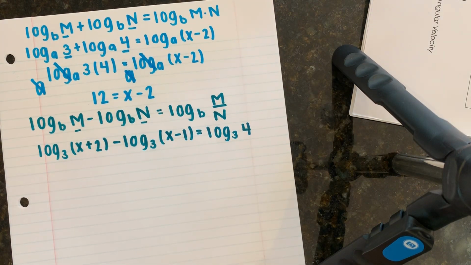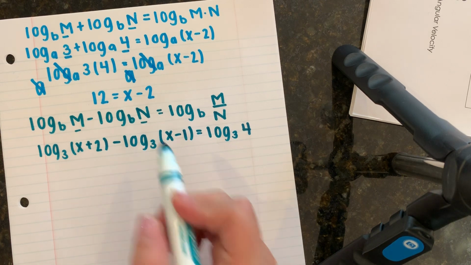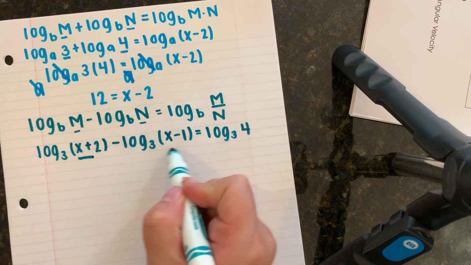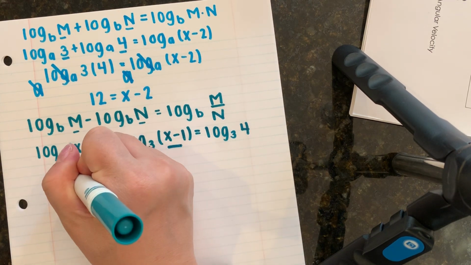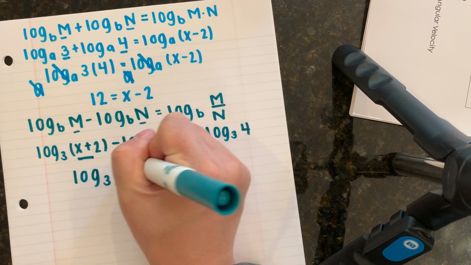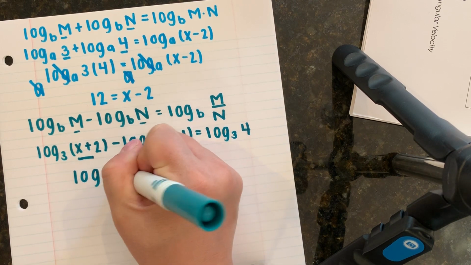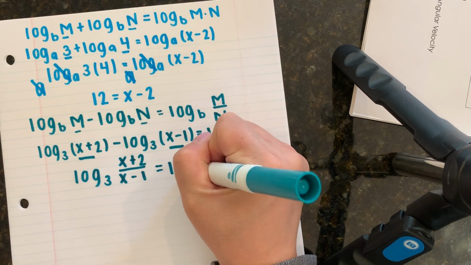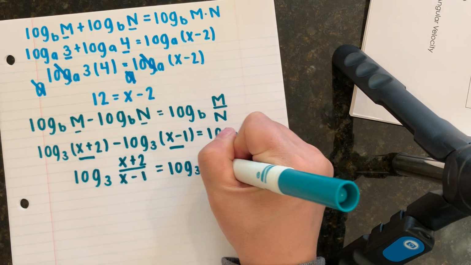Now, right off the bat, I see that there's a minus sign between my two logs. So in order to combine them, I'm going to divide. These are my two variables, so it would be log base 3 of x plus 2 divided by x minus 1. The right side will stay the same, log base 3 of 4.